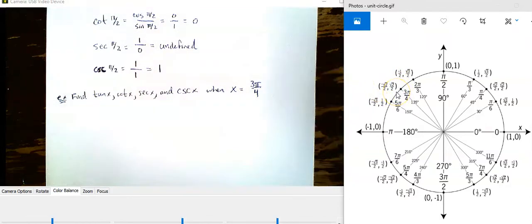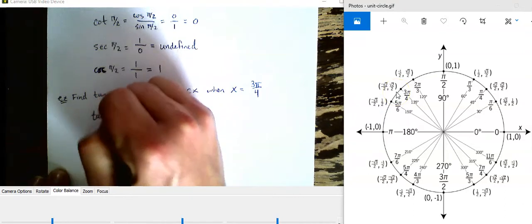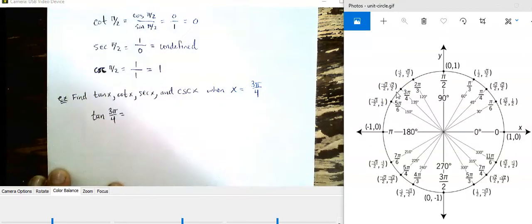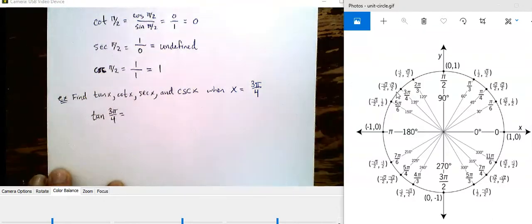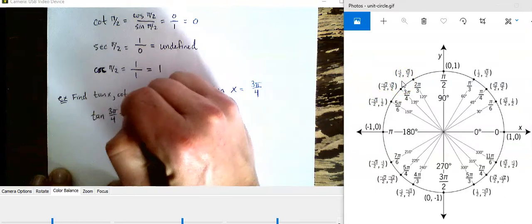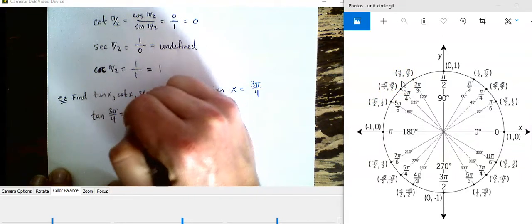Okay. So we know that the tangent at 3 pi over 4 will be equal to the sine divided by the cosine. So let's pull off the sine. Sine is the positive square root of 2 over 2. Cosine is negative root 2 over 2. So it looks like square root of 2 over 2 divided by negative square root 2 over 2.